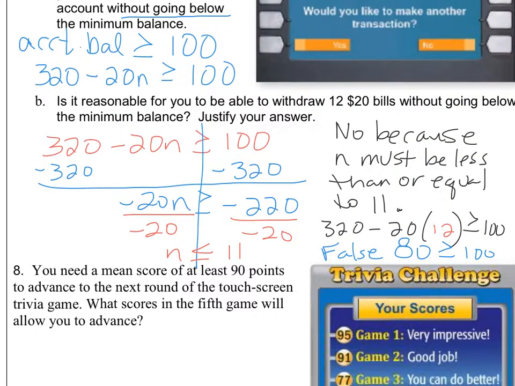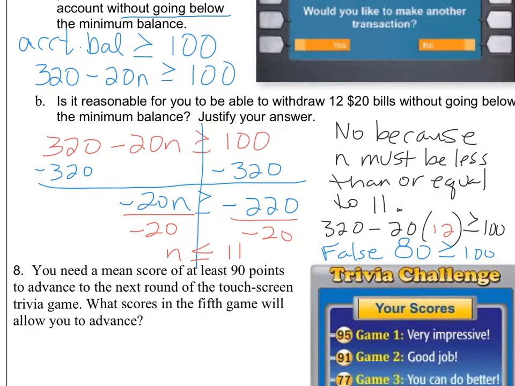There were several ways that you could approach answering letter B. The first way I approached it was I just solved my inequality, and it told me that my number of bills had to be less than or equal to 11. So I could have stopped right there and said my justification for this being no is that my number of bills has to be less than or equal to 11. Or I could have just done a test and check.